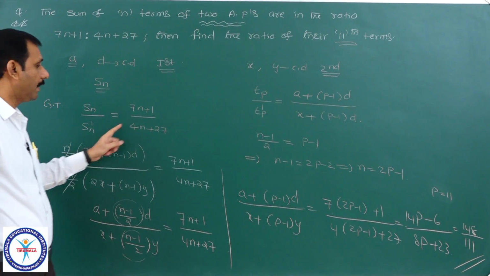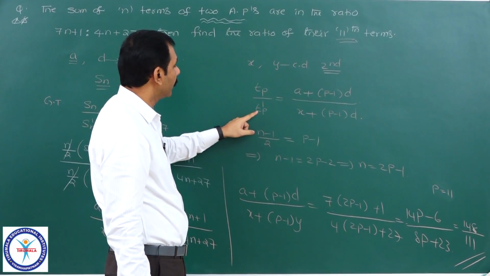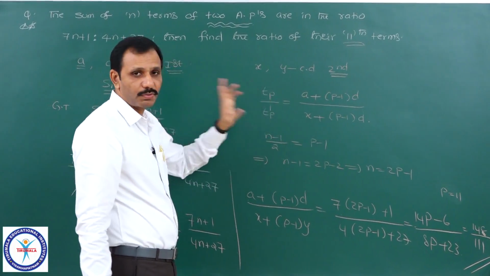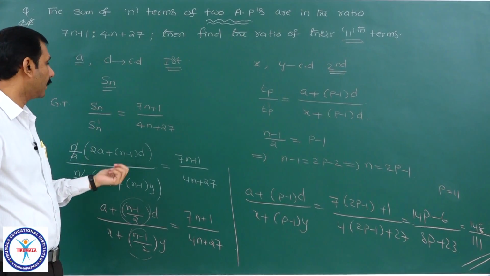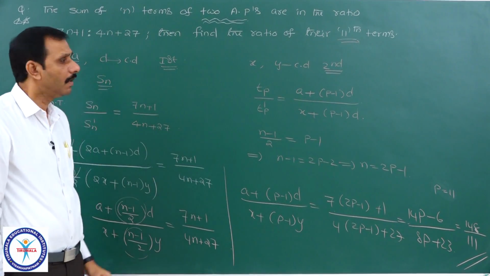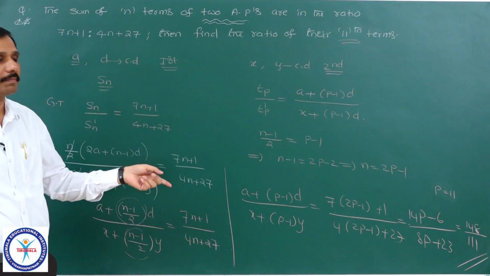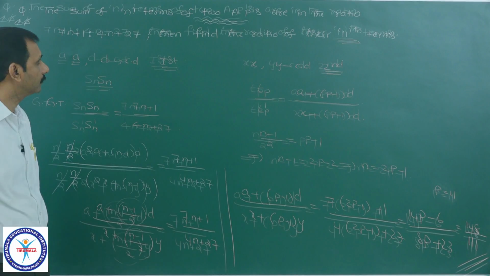If you are asked to find the pth term ratio of these two APs, just replace n by 2p minus 1. If that is also in terms of n only, just replace n by 2n minus 1.